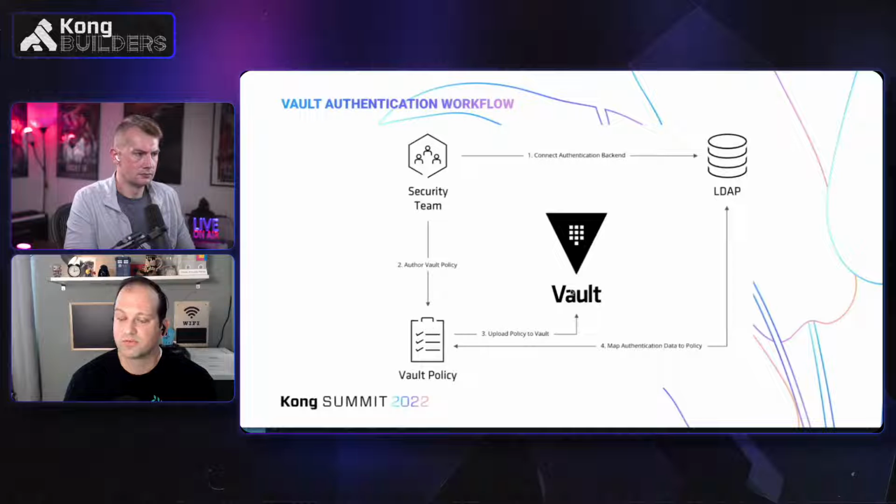We upload the policy to Vault, and then we map those policies to those authentication methods. So if you're in a specific LDAP group, you're mapped over to a specific role, which can be one-to-many. It's really an end-to-end relationship between policies and authentication method roles, and you can then be given access to those things inside of Vault.